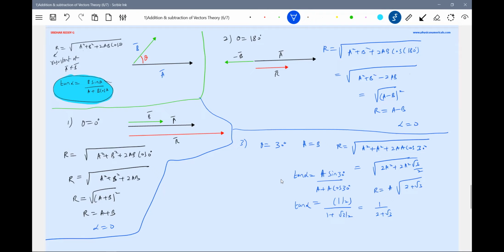So how are the vectors actually, theta equal to 30 degrees, A equal to B. There's a vector A bar, then this will be vector B bar. Both are having the same length.